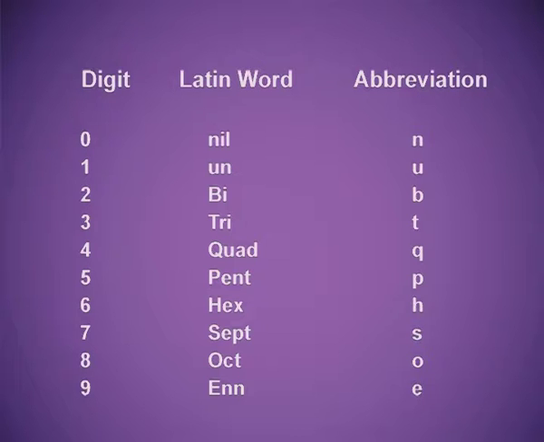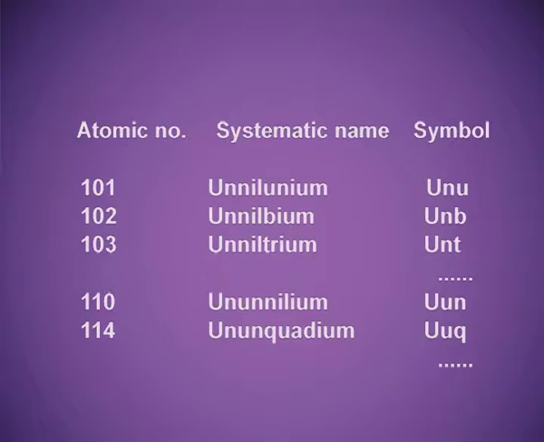Now, using the Latin words, we will write the IUPAC name for all those elements with atomic number more than 100. For example, the element with atomic number 101, its systematic name will be un-nil-unium.